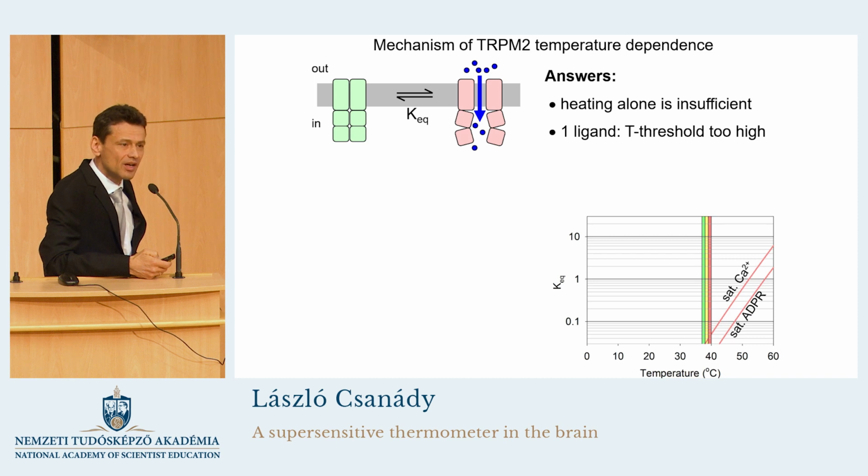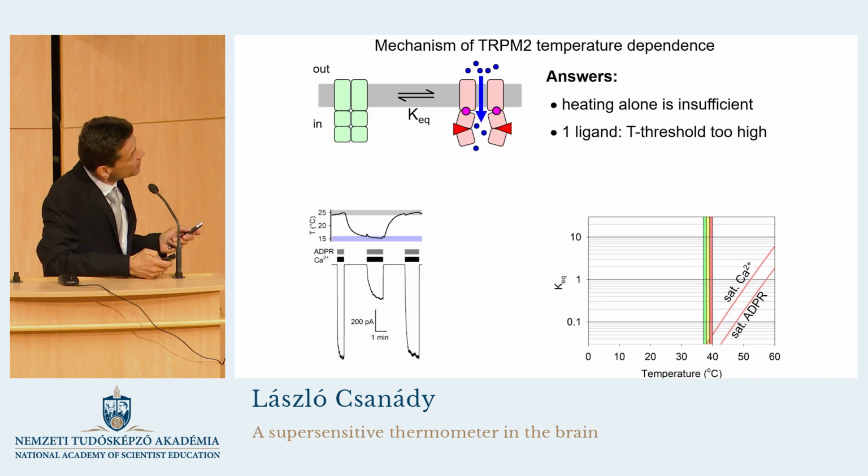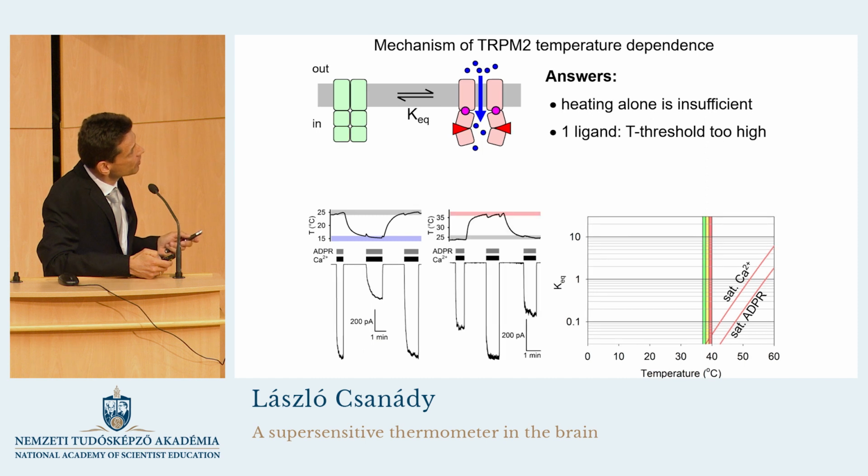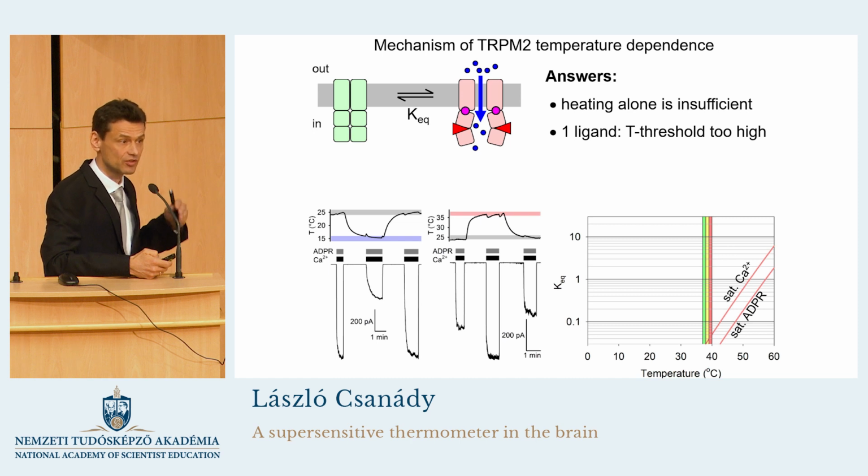So then we asked, how is the current elicited by the presence of both ligands at saturating concentrations modulated by temperature? And you can see that such currents indeed get smaller upon cooling, but increase upon heating. But if we now quantitate Kf at 37 degrees, it turns out that at 37 degrees under such conditions, the channels are already almost fully open.